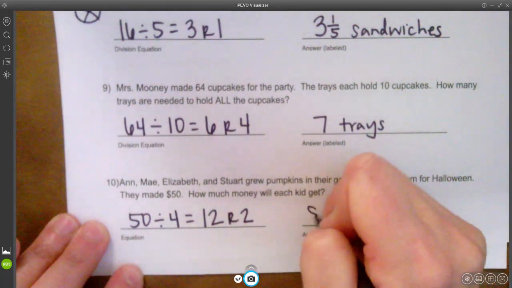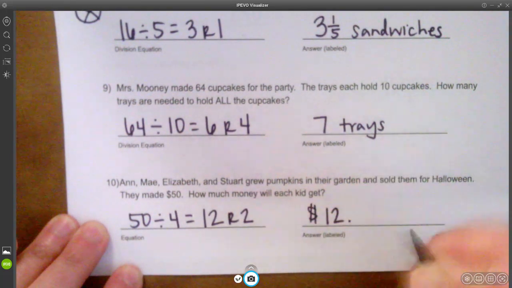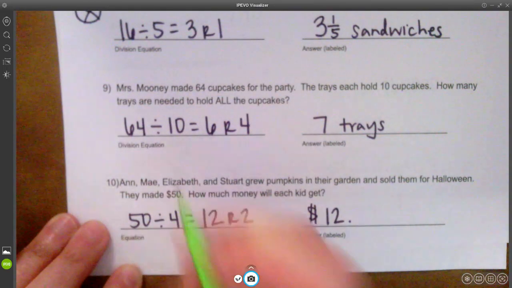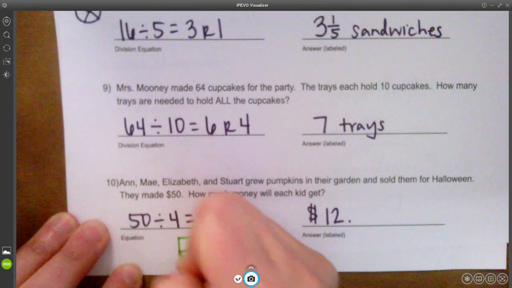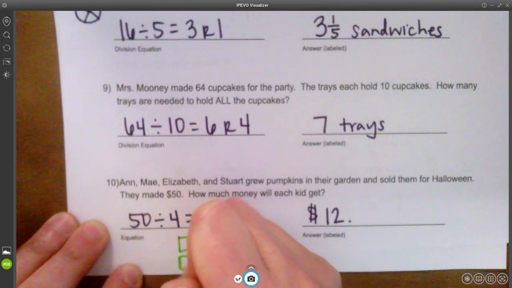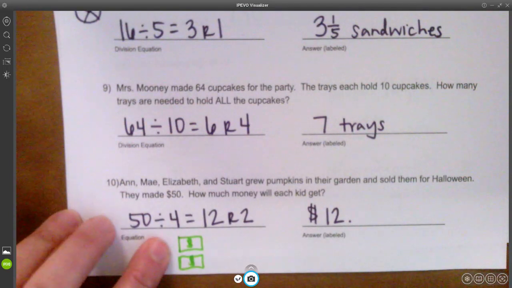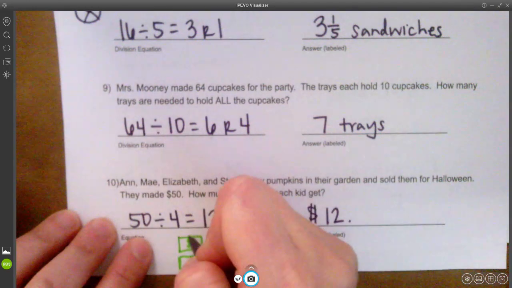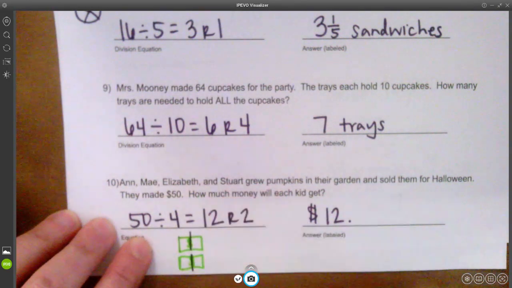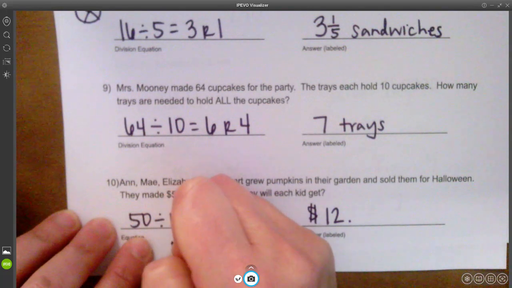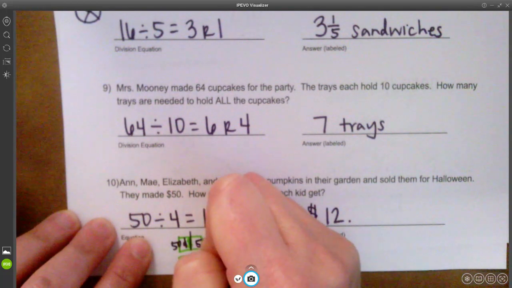Now, everybody's going to get $12. But what are you going to do with those leftover $2? If it's helpful, you could totally draw it out, right? And if you had $2 left over divided between 4 kids, each kid would get half of $1, which of course is 50 cents, right, per kid.